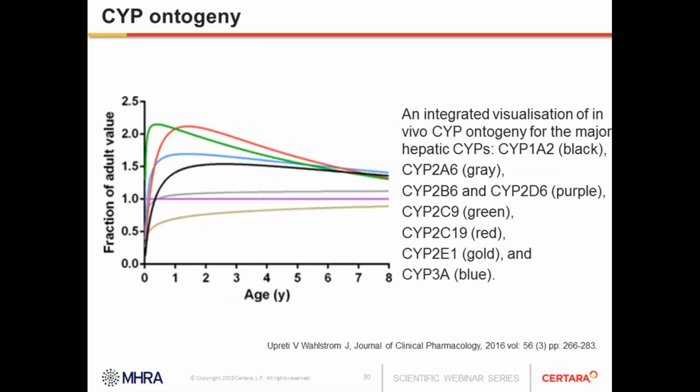When we look at CYP ontogeny, then we know for all the different CYPs there is a different way that these develop as a child, not from birth, or at least even before birth, but from birth generally up until approximately the age of 8. And you can see that this is different for different CYPs, of course, and so it's important to characterize how a drug is metabolized in the models.